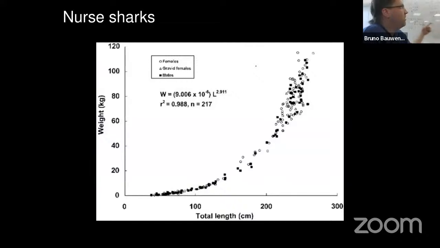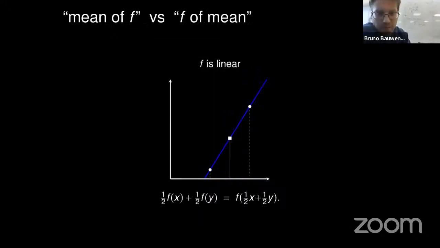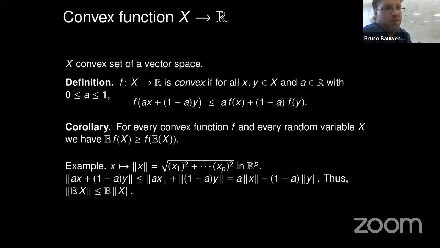It's very noisy, and nurse shark has cubic regression, so the average weight and average length is a shark that's clearly overweight. If it's linear, we take expectations, and then the expectation of f is more than f of the expectation, and so on.